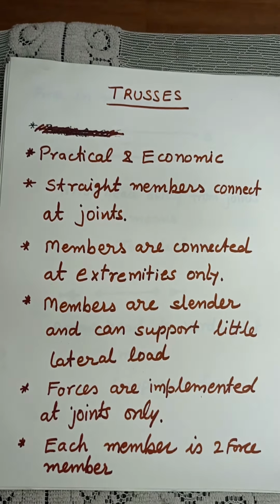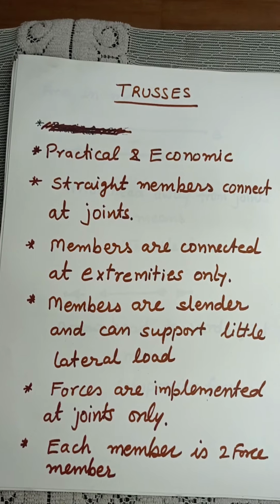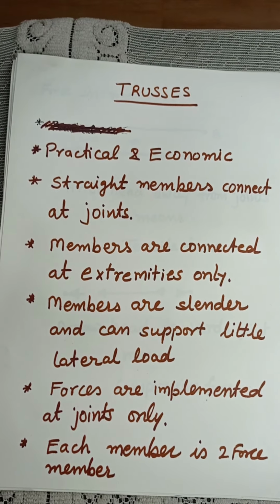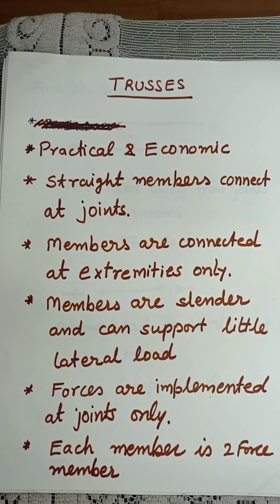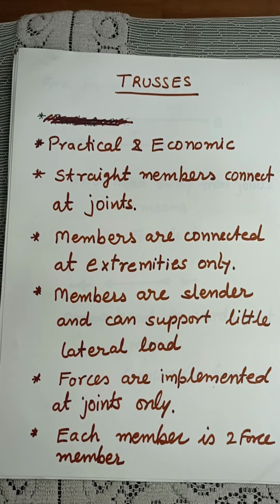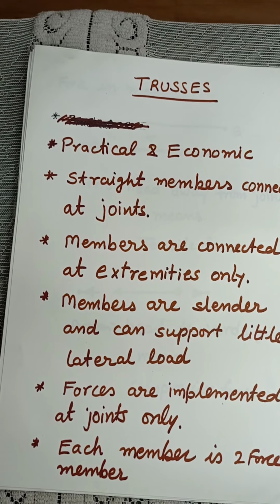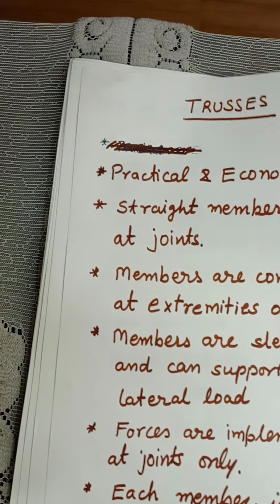Like in a pipeline where water is flowing, it can flow in either direction, but you cannot have water coming out of the pipes; the transfer is only along the pipe. That is why force is transferred along the members. It can be a tensile force or a compressive force.